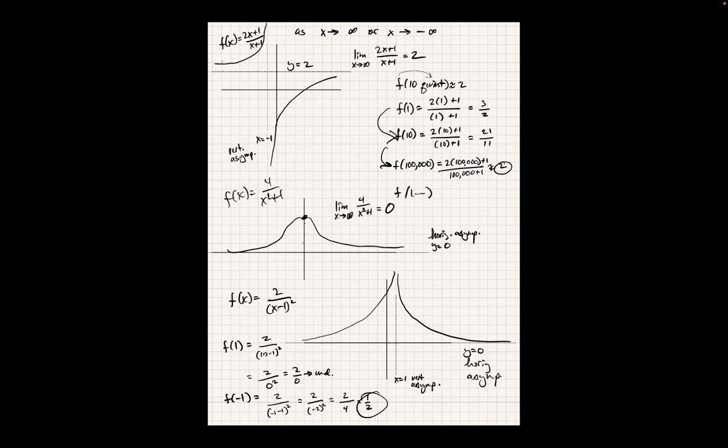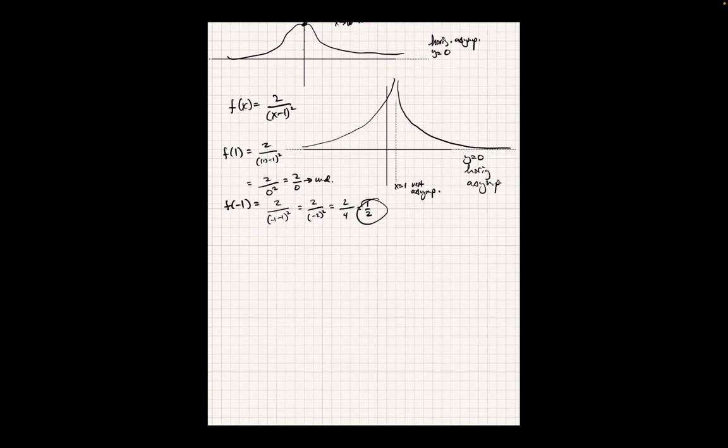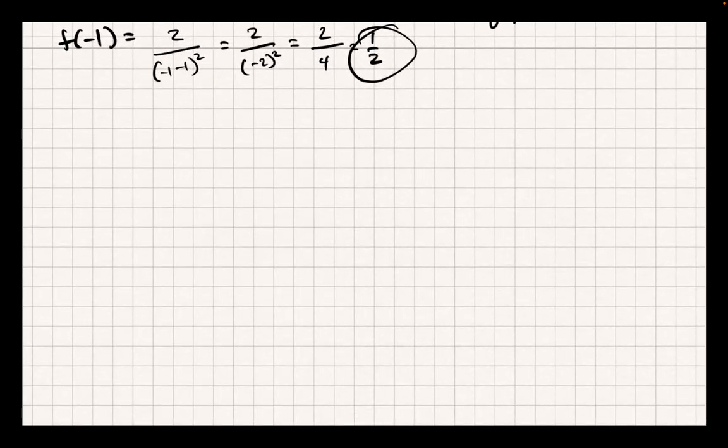It's like a boundary. This vertical line you can never reach because it would explode the denominator, but as x approaches 1 from either side, f of x approaches infinity. So let's look at some rules to figure out what's going on in general.